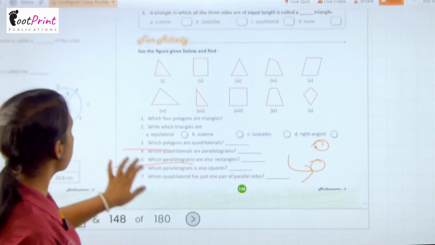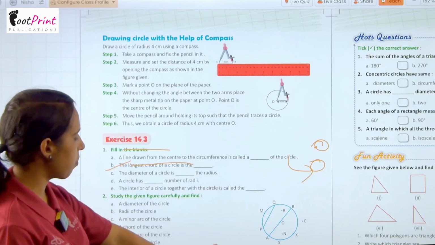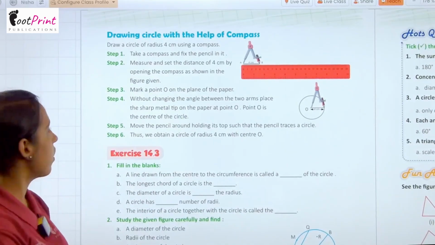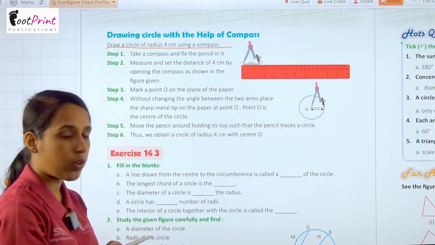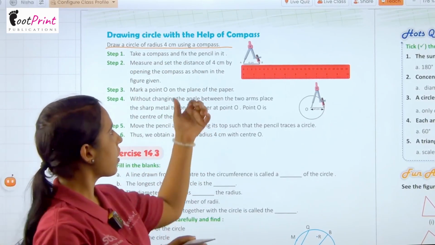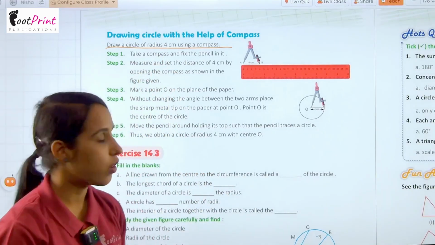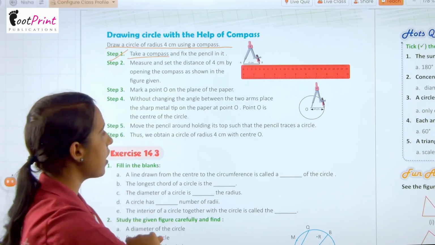Now the next one is drawing a circle with the help of a compass. We learned here. So how do we draw a circle? Let's see here. Draw a circle of radius 4 cm using a compass. So here we have to draw a circle that has a radius of 4 cm. So first step, take a compass and fix the pencil in it.